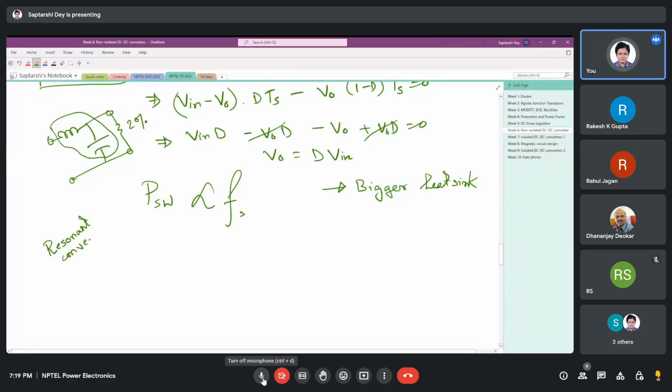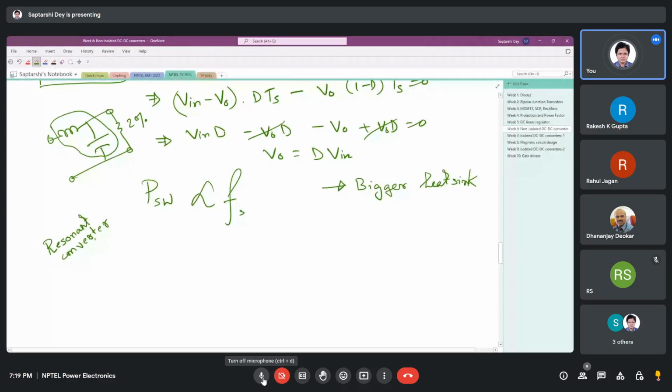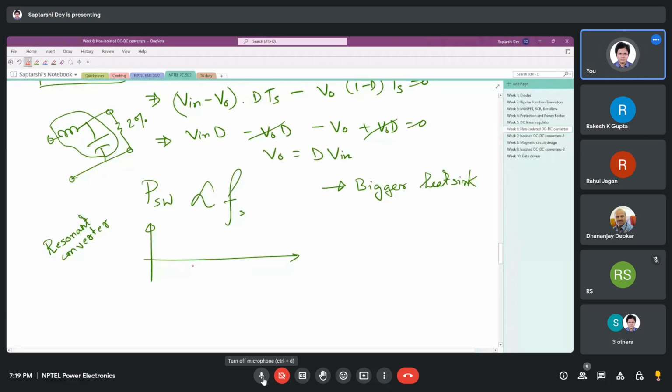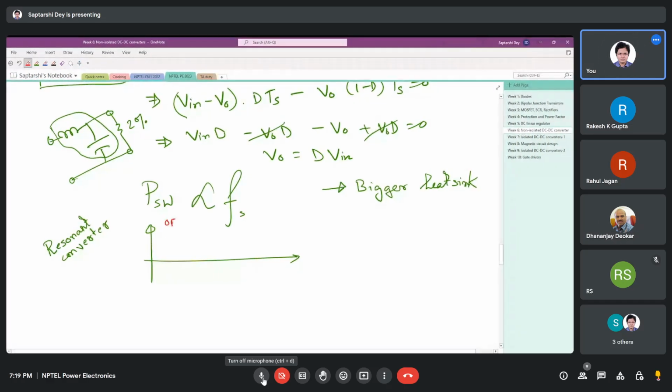Resonant converter is not covered in this course. It cannot be, it's a fundamental course on power electronics. I will just tell you what it is. Suppose a switch was off and it is getting turned on.